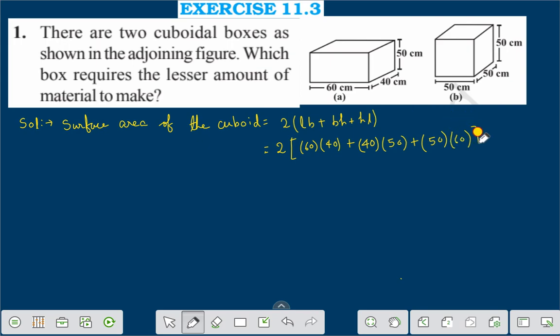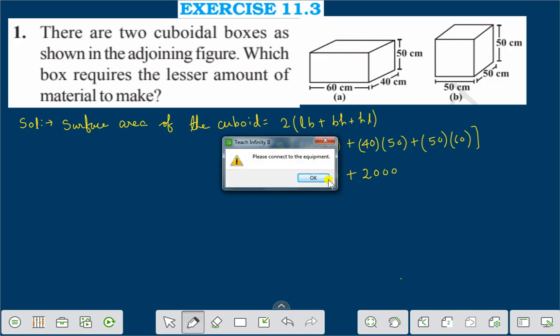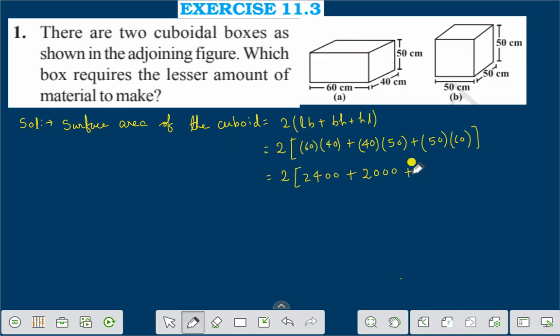Now I will find the area of this cuboid, that is 2 into 40 into 60 is 2,400, plus 40 into 50 that is 2,000, plus 50 into 60 is 3,000.